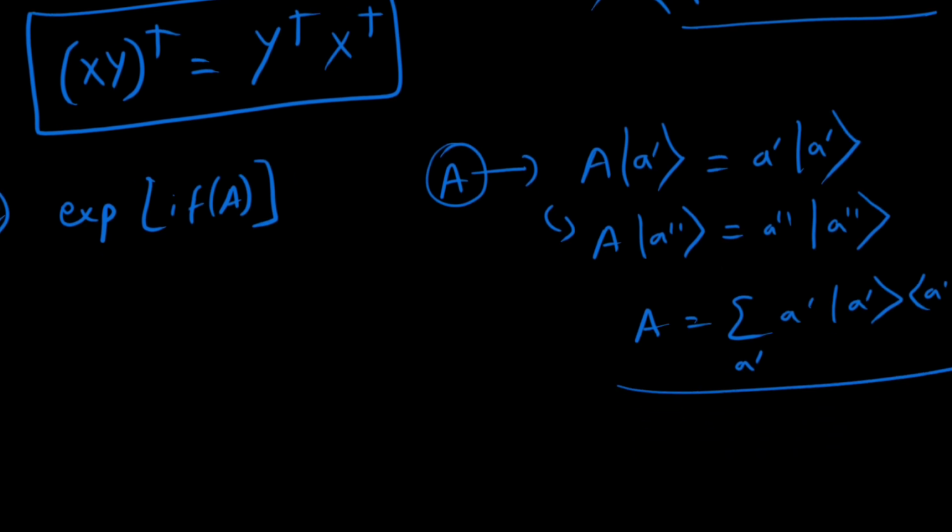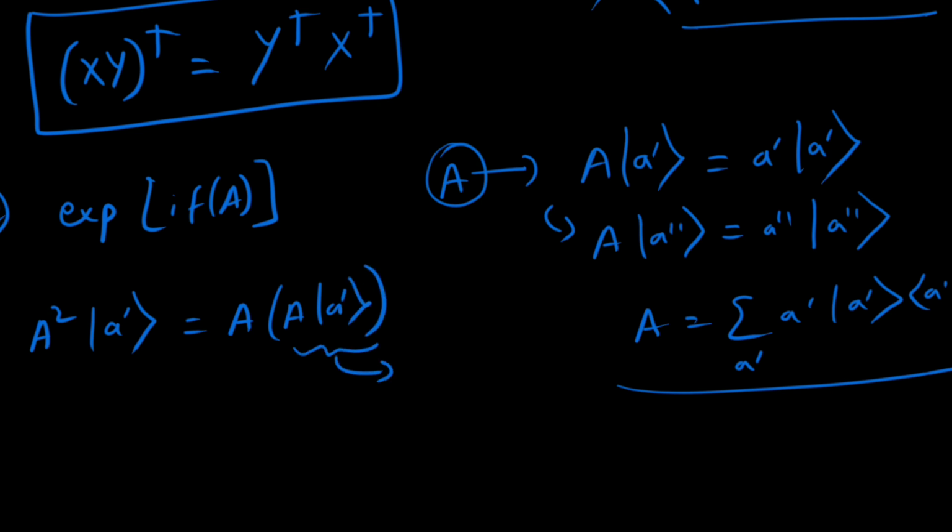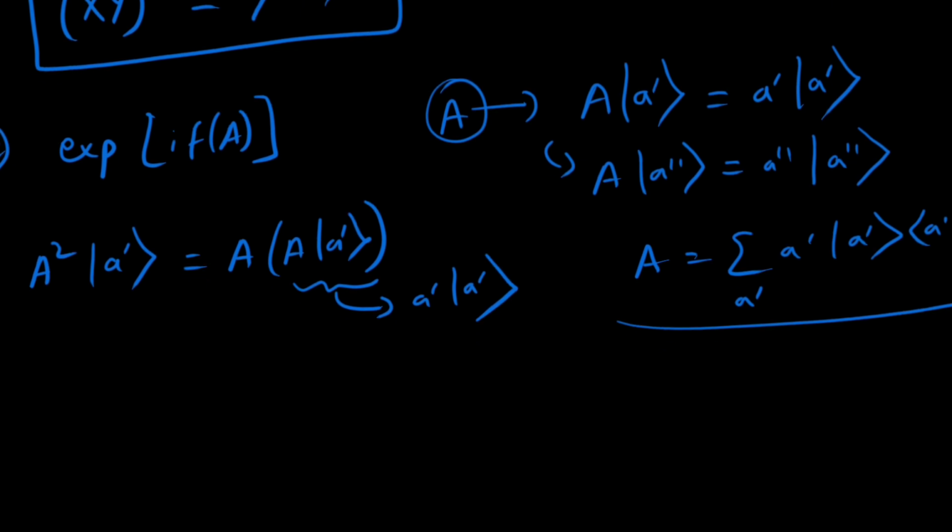So let's see what is the eigenvalue of A square. So A square acting on A prime is nothing but A acting on A acting on A prime, right? So what is this? This is just A prime, the state A prime.